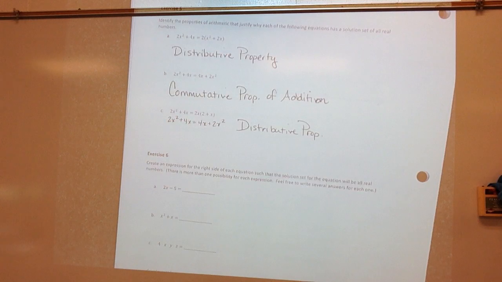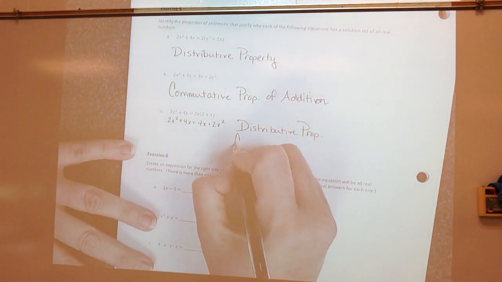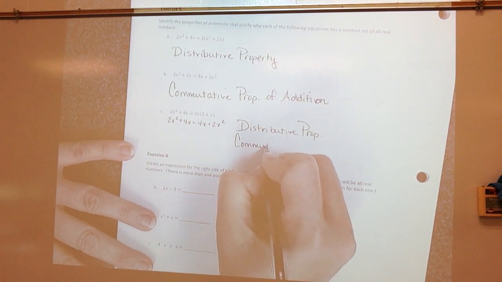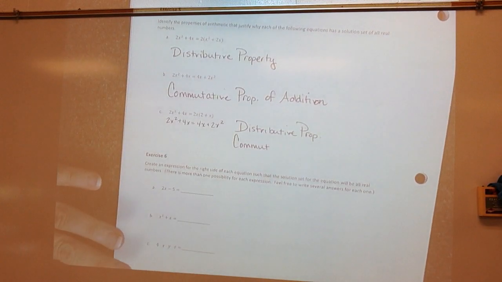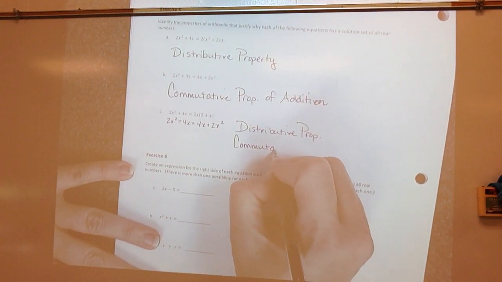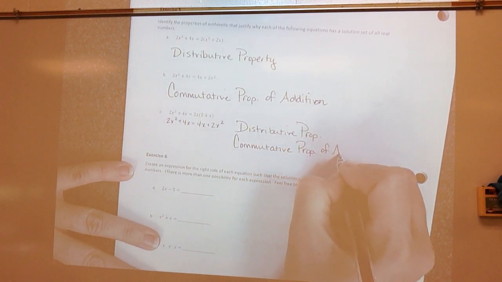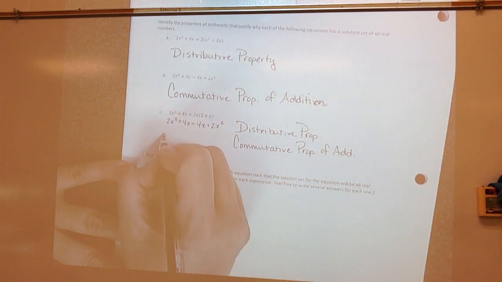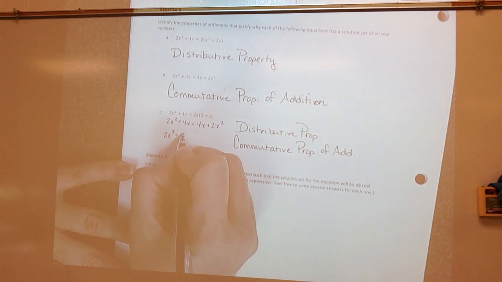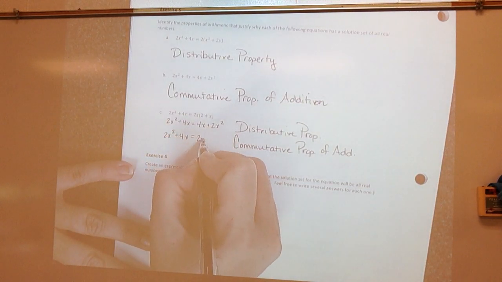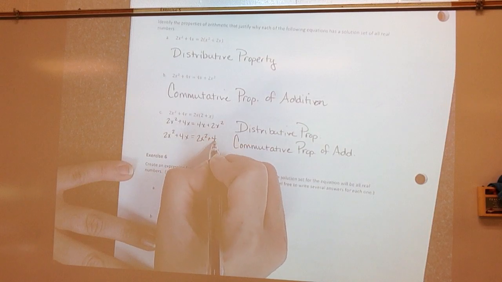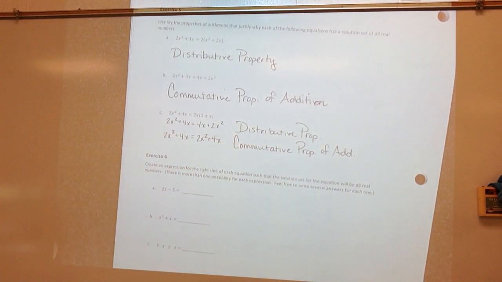In order to flip them, I also have to use the commutative property of addition. Which would then change it to look like this. Because we remember we want them to look exactly the same on both sides of that equal sign. Okay?